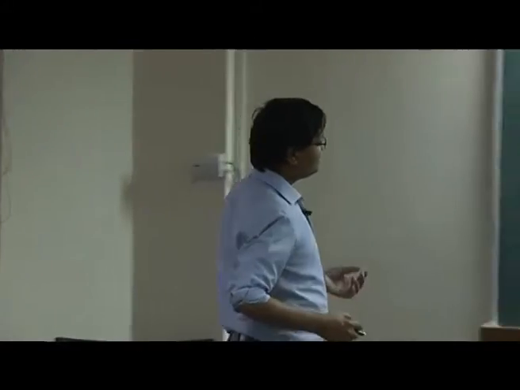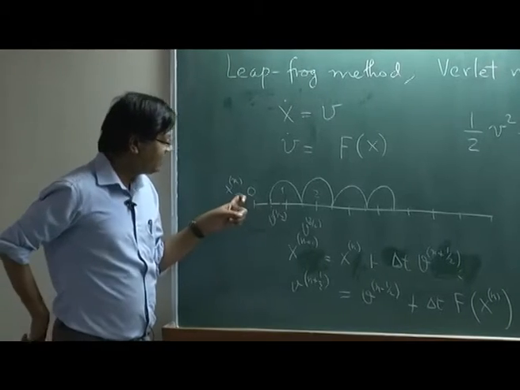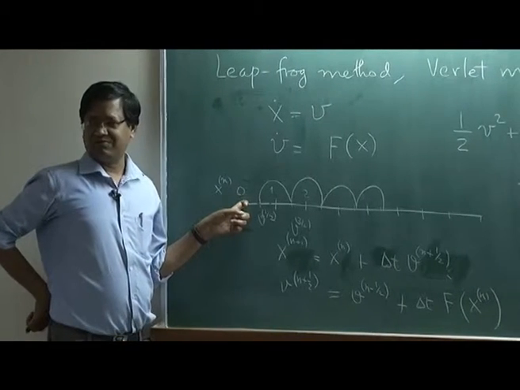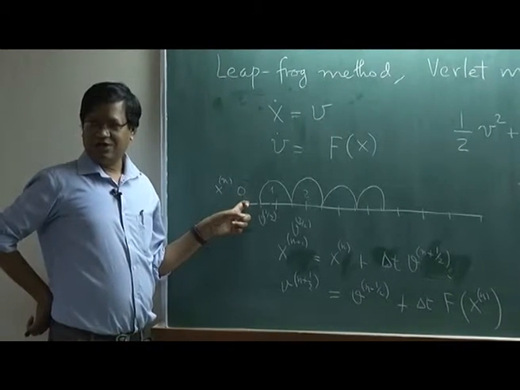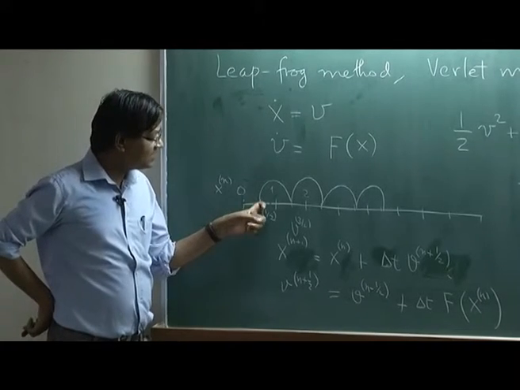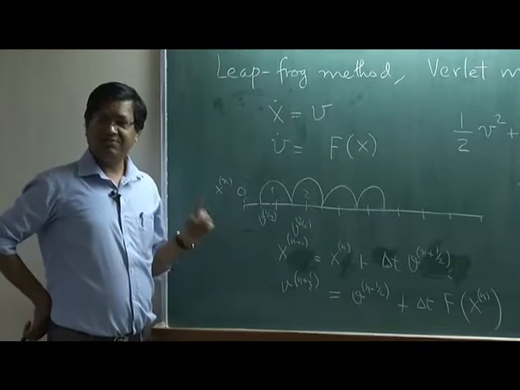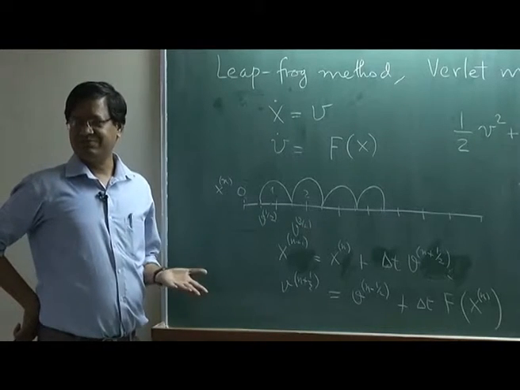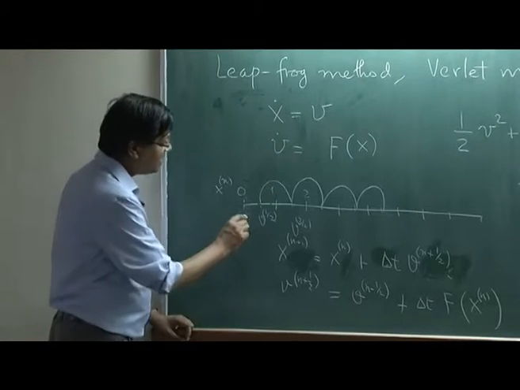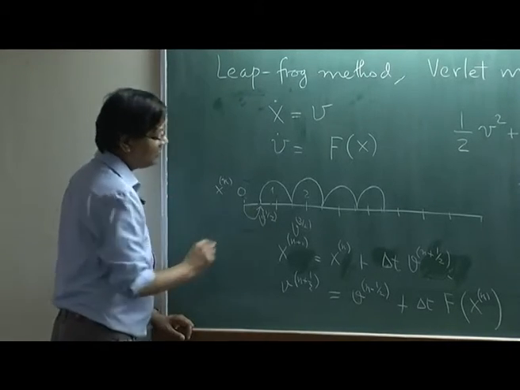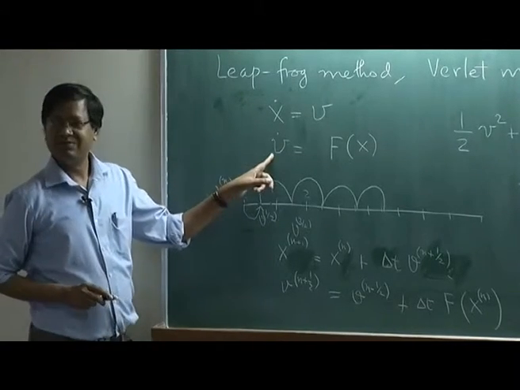Now the only difficulty is, how do I start? Well, my initial condition is typically given at t equal to 0, but my velocity is starting at half, v_1/2, v_3/2. So for the first step, you can use the Euler scheme. So from here you can jump here by applying the Euler scheme.